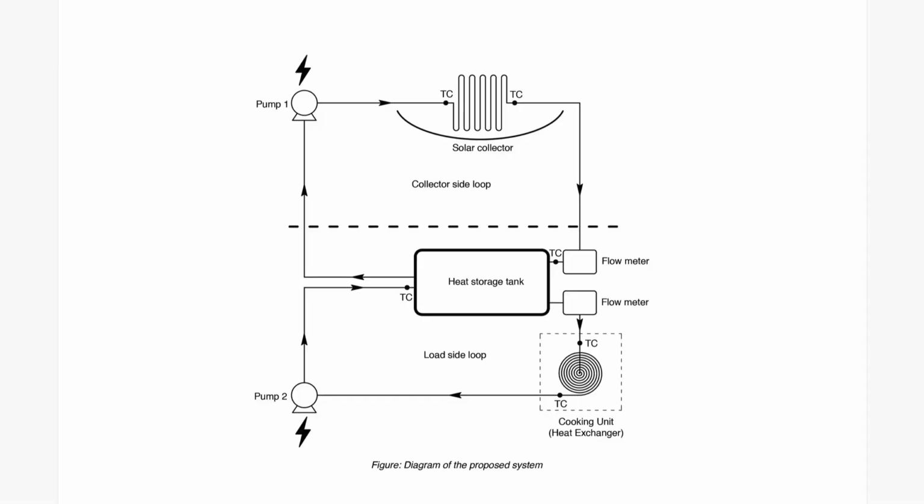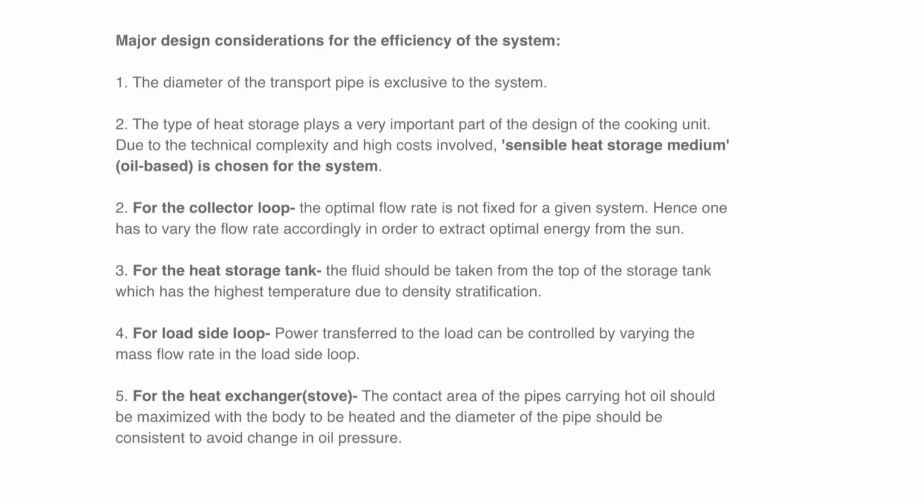For the collector loop, the upper side loop, as I showed you, there are two pumps, pump 1 and 2. They control the flow rate. If the flow rate is more, then the heat transfer is also more. For example, the heat transfer between coil and vessel will be more.